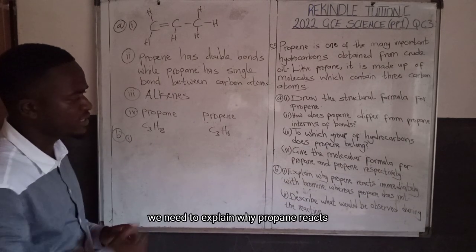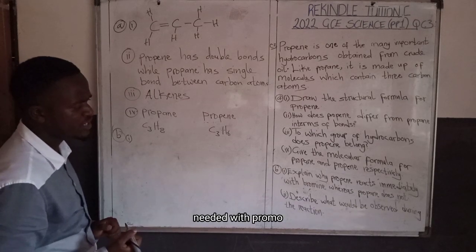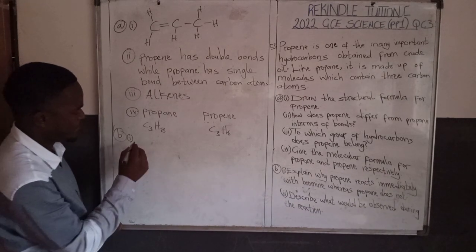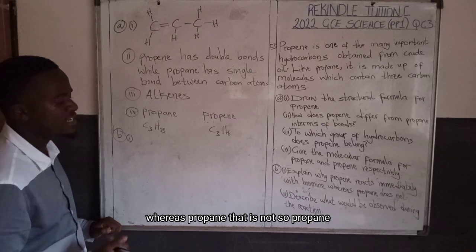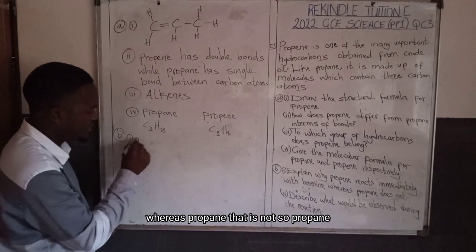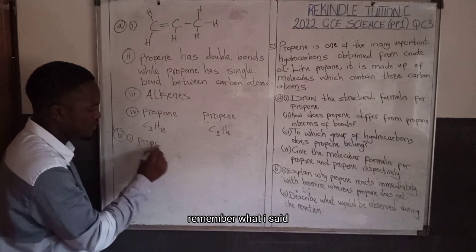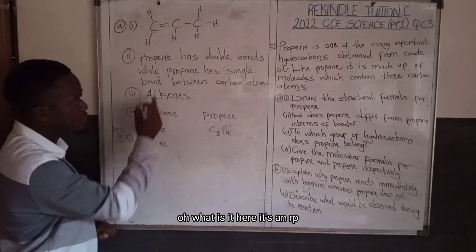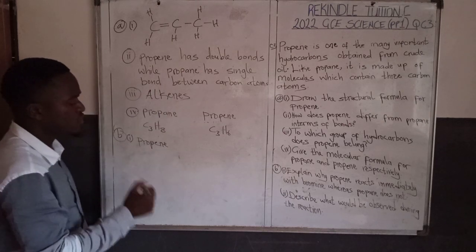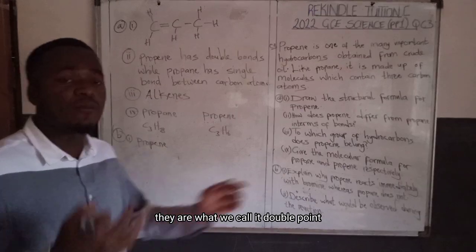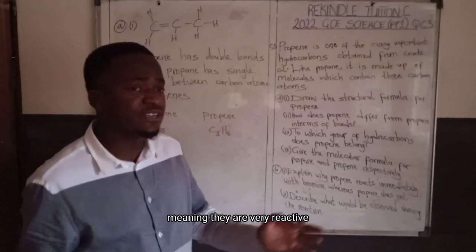So we need to explain why propene reacts immediately with bromine, whereas propane does not. So propene, remember what we said here, it's an alkene. So alkenes, they have what we call a double bond, meaning that they are very reactive.